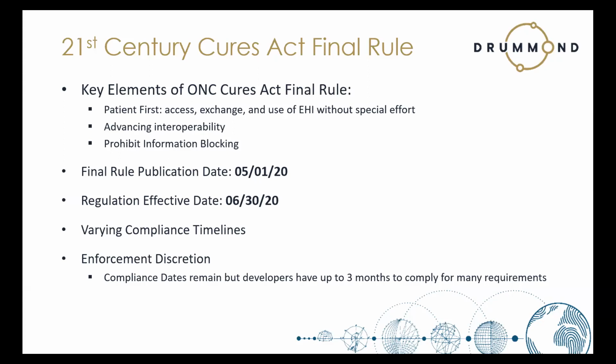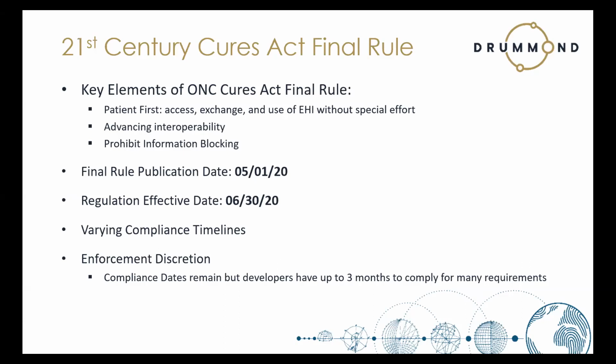As you all most likely know, the final rule was published in the Federal Register at the beginning of this month. Therefore, per the rules and regulations, the 60-day waiting period, it becomes effective on June 30th of this year. Touched upon in this webinar and in our first intro webinar and the subsequent ones that go into certification criteria are the varying compliance timeframes.